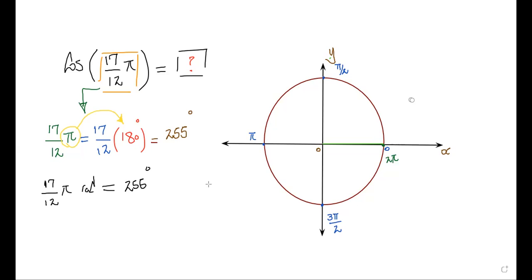255 is in which quadrant? Third, fantastic. Why? Because I remember that this one is 0, pi over 2. As a way to cheat, it becomes 90. Pi is 180 degrees, and 3 pi over 2 is 270 degrees. And this one is also 0.